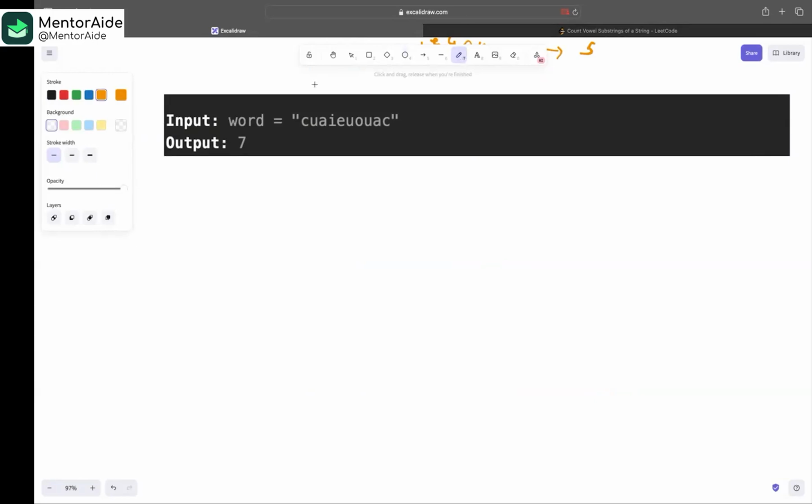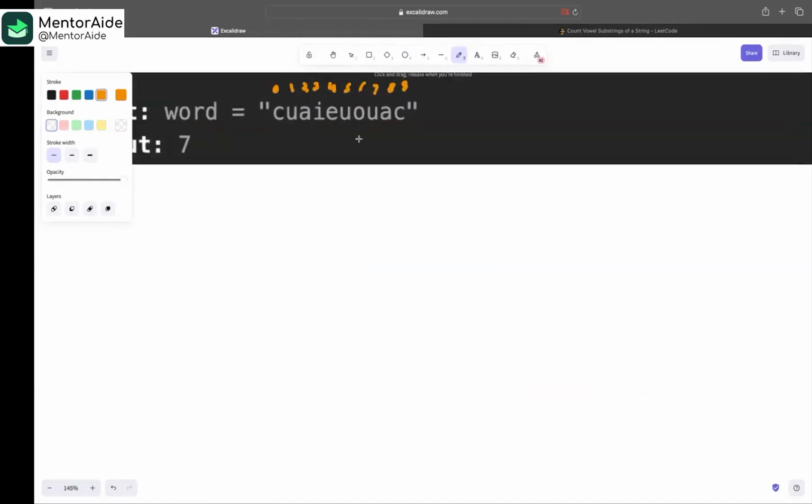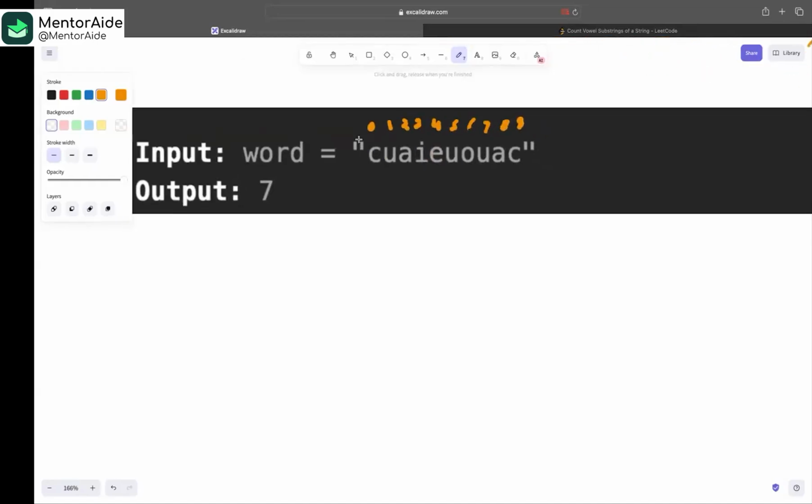Let me add the indexes so that we don't get confused like last time. This is 0, this is 1, this is 2, this is 3, 4, 5, 6, 7, 8, and 9.